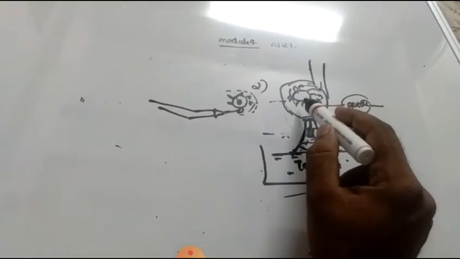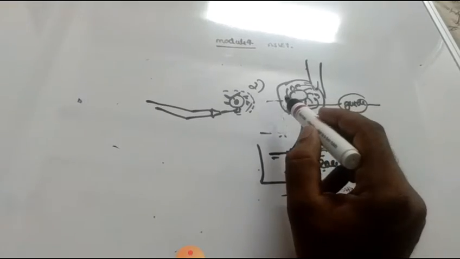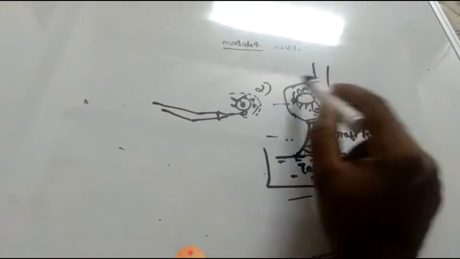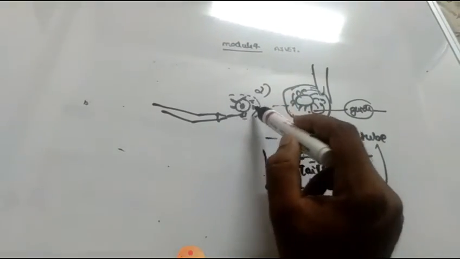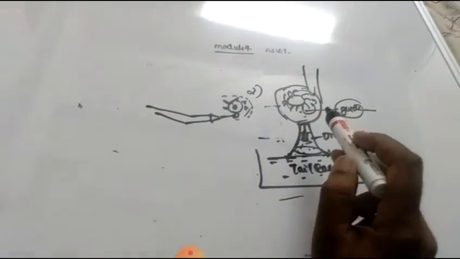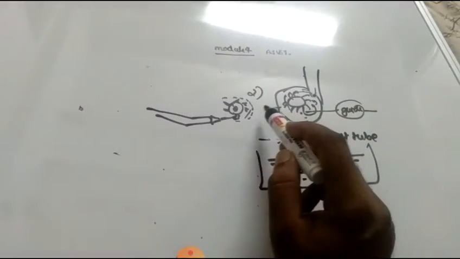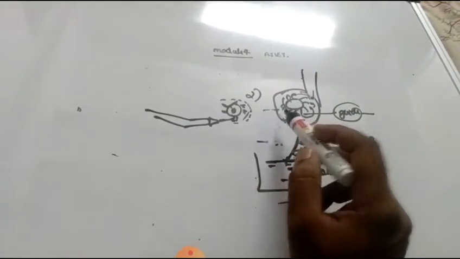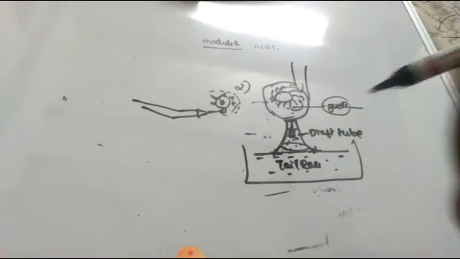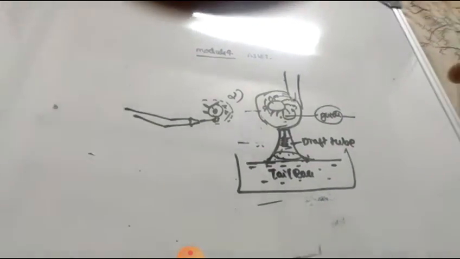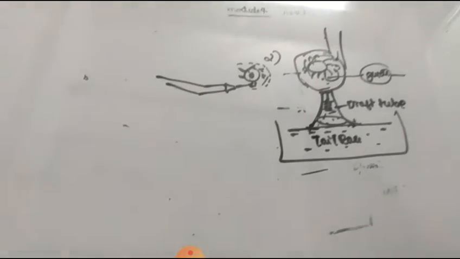So if we compare with the Pelton turbine, in the reaction turbine the water rotates around the whole circumference, but in the Pelton turbine the water does not rotate around the circumference of the wheel. So this is the difference between the reaction turbine and the impulse turbine.